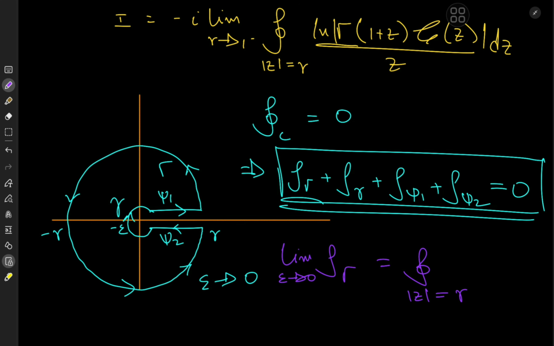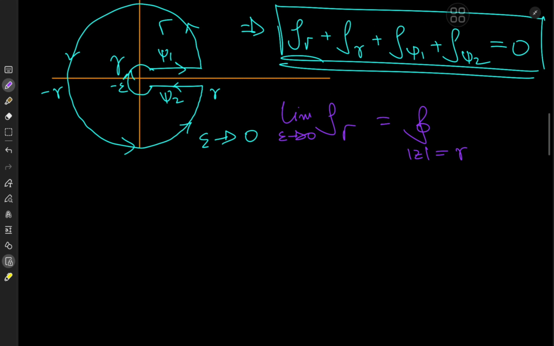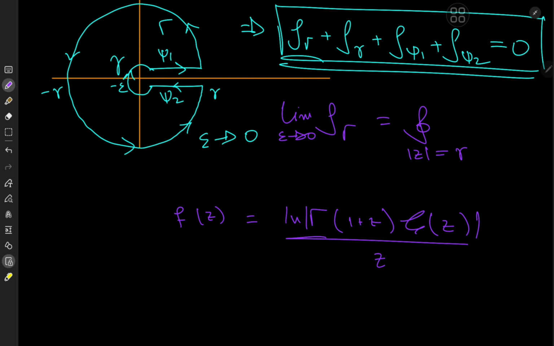And the integrals over the lines are actually very easy to deal with as well. Because we have f of z defined as log of absolute value gamma 1 plus z times zeta of z over z, notice that the numerator is just the real valued logarithm, and the denominator is z to the 1, which has a phase factor equal to exactly 1.